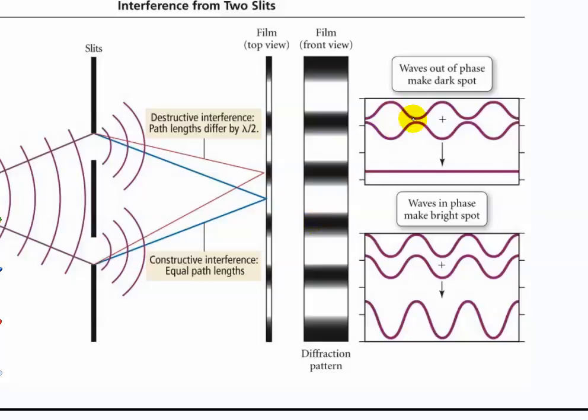When the waves happen to be out of phase after they've diffracted, you get a dark spot because the two parts of the wave cancel out and you end up with 0. If the waves are in phase, you get a bright spot, and then you get the things in between.